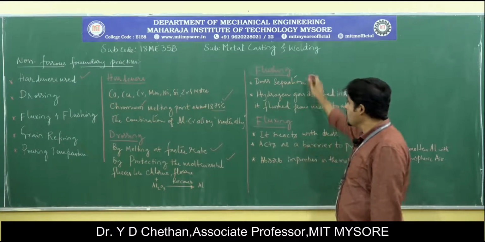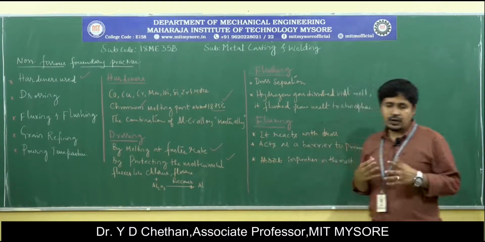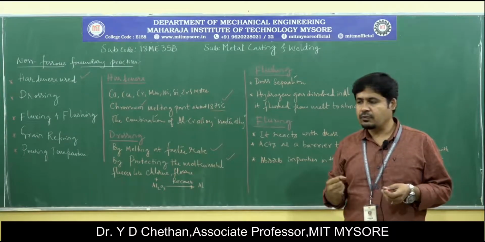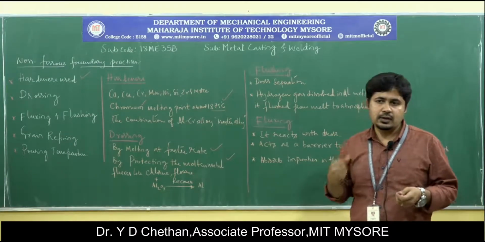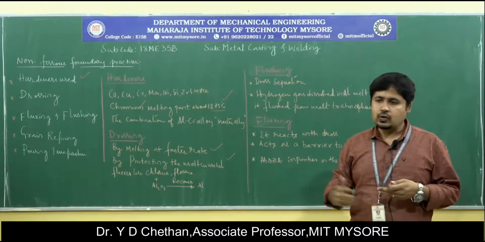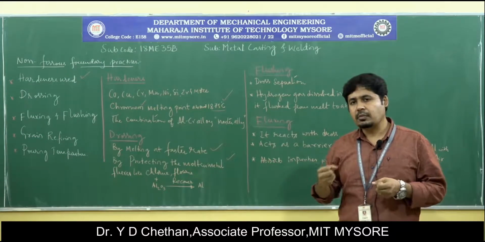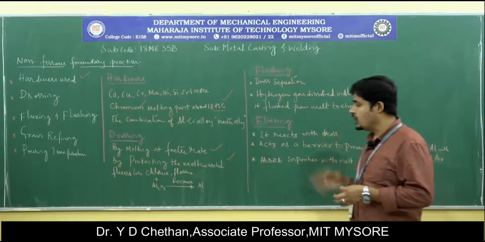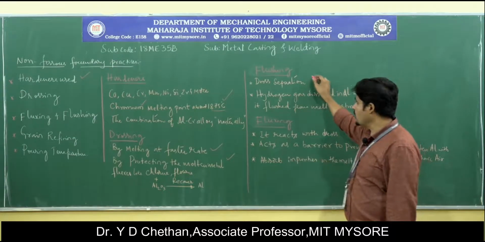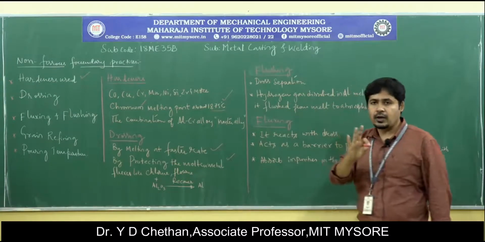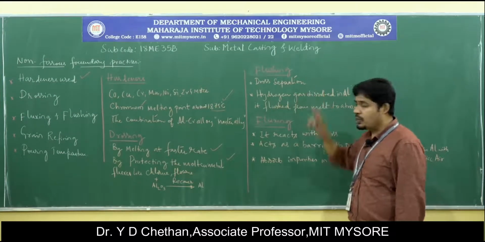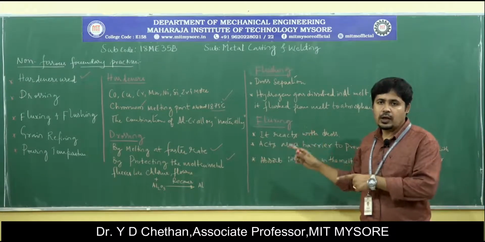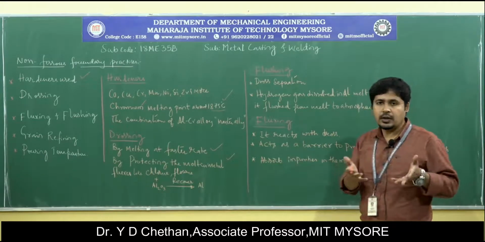Next concept is flushing. The basic meaning of flushing is a process of sending pressurized liquid to take out some impurities from the region of interest. So here the intention behind flushing is to separate the dross, or the impurity, from the aluminum alloy or the melting pool.